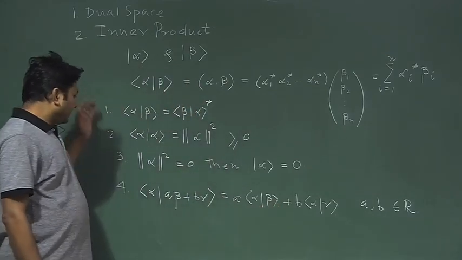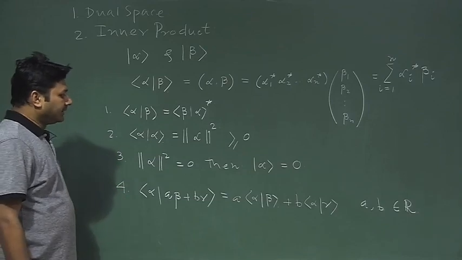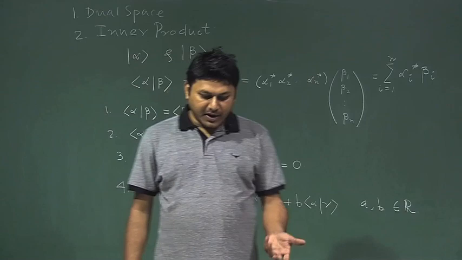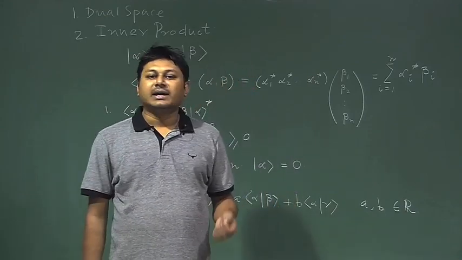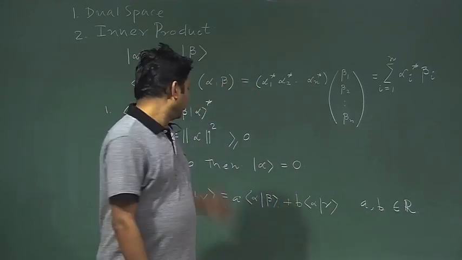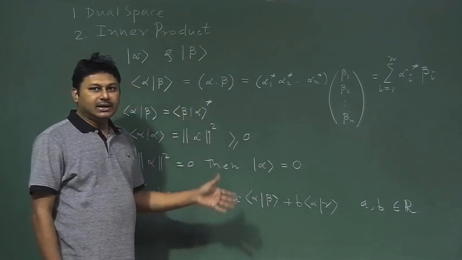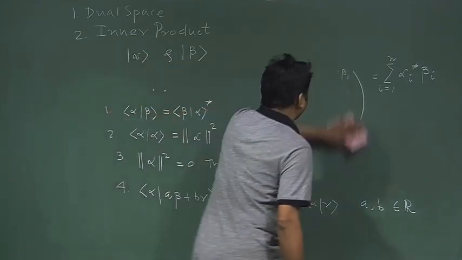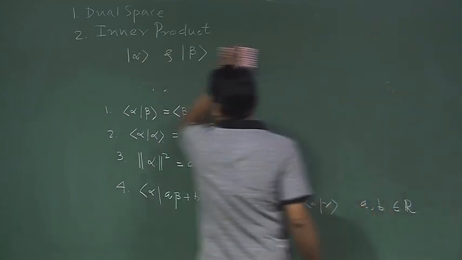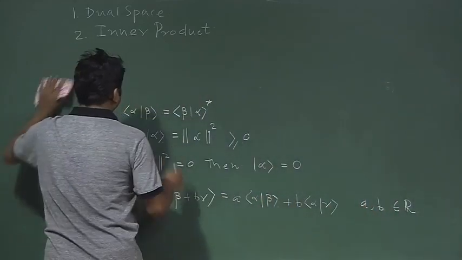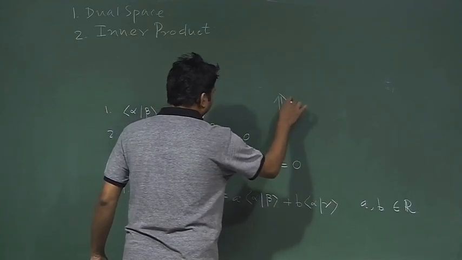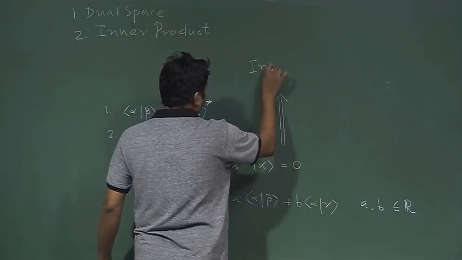If these four properties are satisfied, not necessarily in any vector space, and if I can define an inner product and these four properties, then we call this space an inner product space.